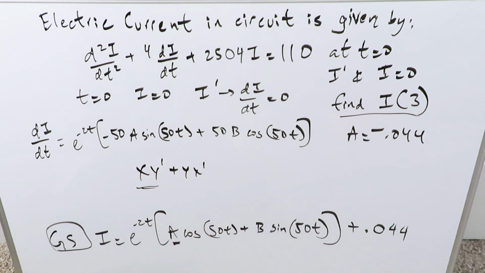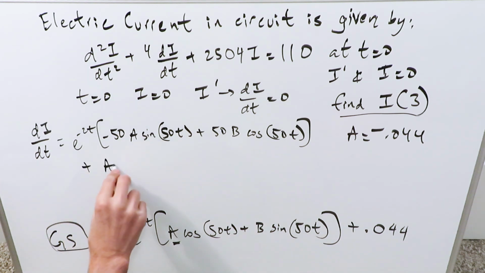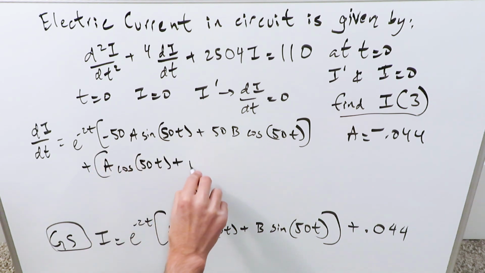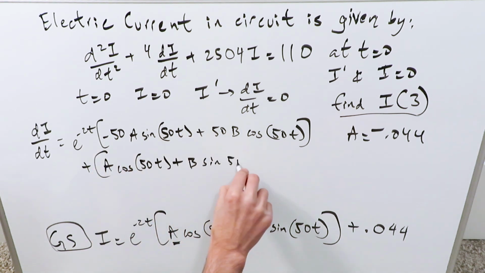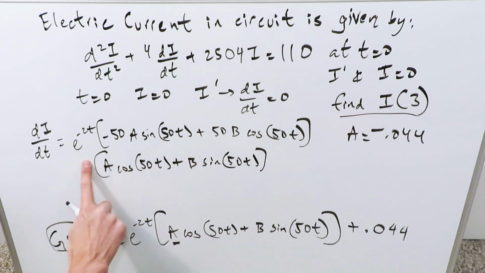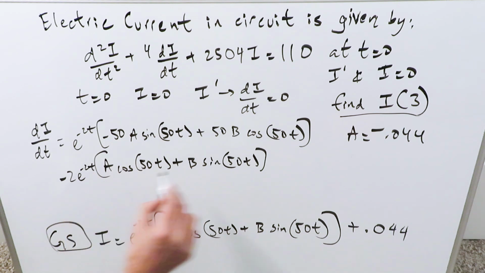Now let's bring in the other part. In the other part, you do this times the derivative of this, which would be what? We'll do plus a cosine 50t plus b sine 50t times the derivative of this, which I'm going to bring here at the beginning. It'll be minus 2e exponent minus 2t, and I'll bring a plus over here. Either way how you say it, this derivative here is correct.